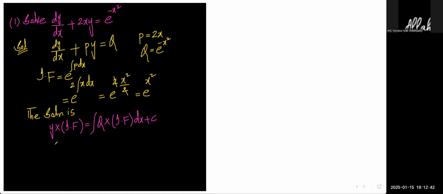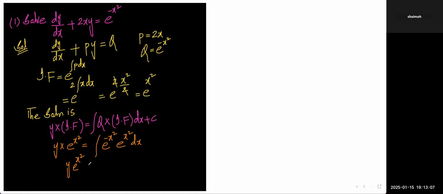Y value is y only. Integrating factor we got as e power x square, equal to integral of Q value, which is e power minus x square, times the integrating factor e power x square into dx. You can see both of them have equal bases, so the powers should be added: minus x square plus x square, e power 0 into dx.